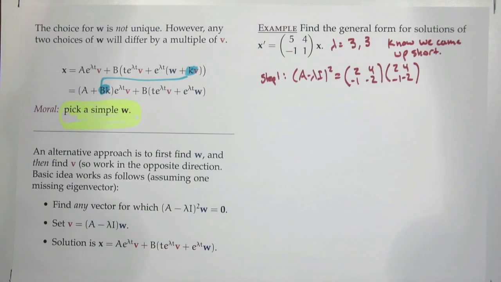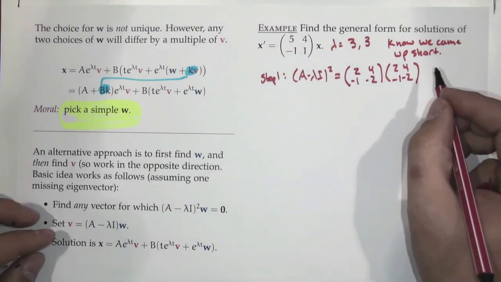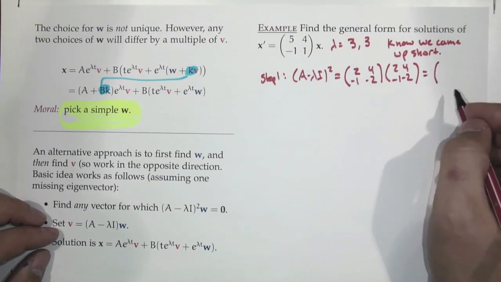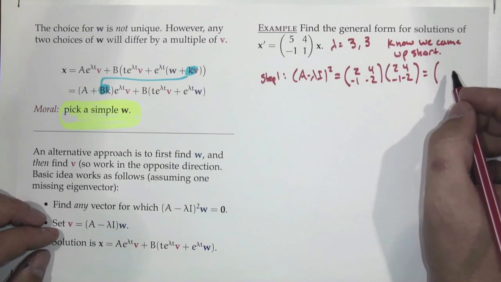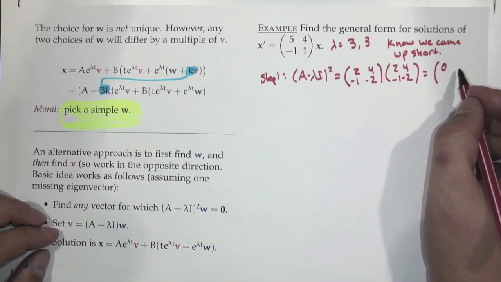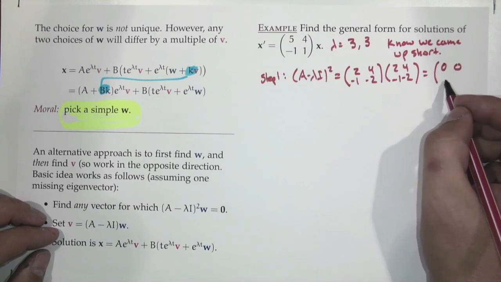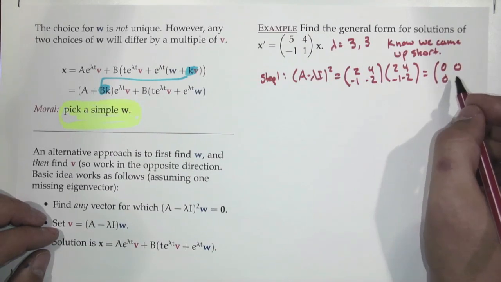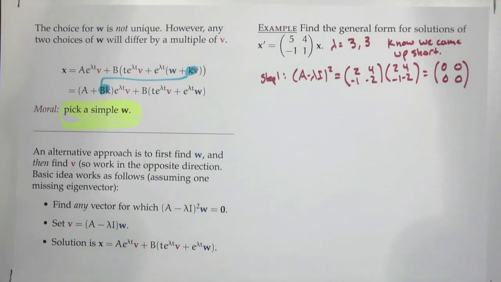All right, let's carry out this computation. What's in the first entry? 0. What's the next entry? 0. What's the next entry? 0. What's the next entry? 0. Okay, so we've now computed (A minus lambda I) squared.